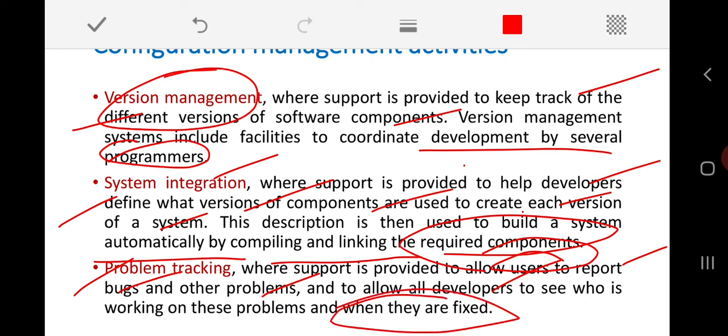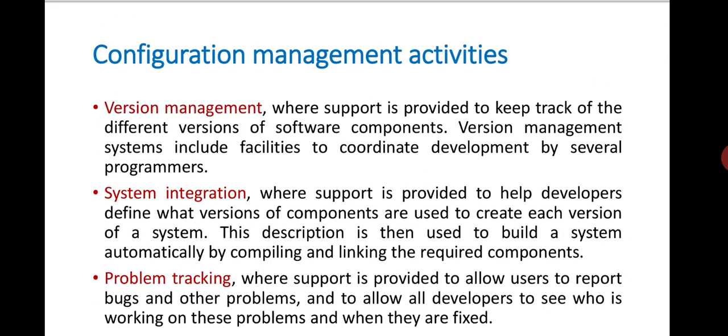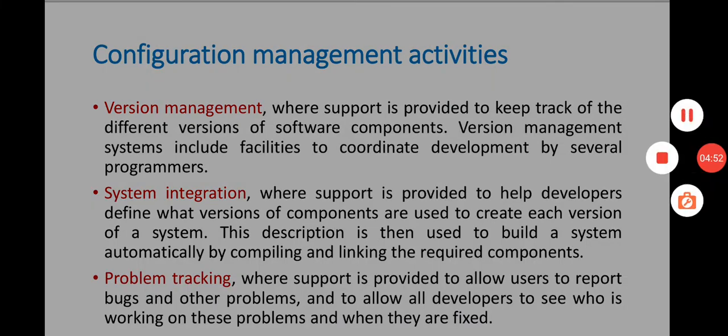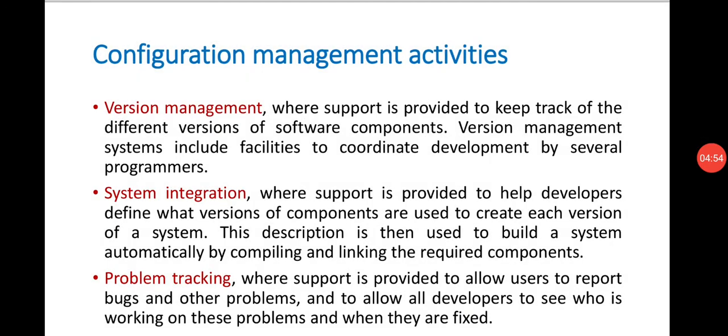All these things can be tracked using the problem tracking support. These are the three activities that are part of configuration management. And configuration management is also a very important issue in the implementation of any software.